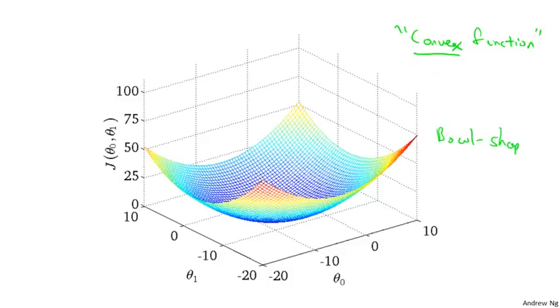So this function doesn't have any local optima except for the one global optimum. And thus gradient descent on this type of cost function, which you get whenever you're using linear regression, will always converge to the global optimum, because there are no other local optima.